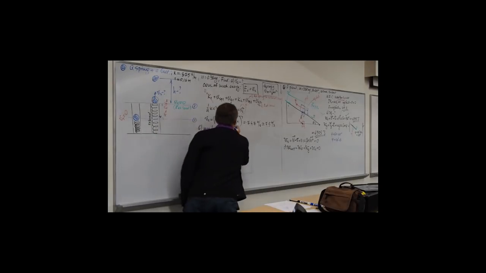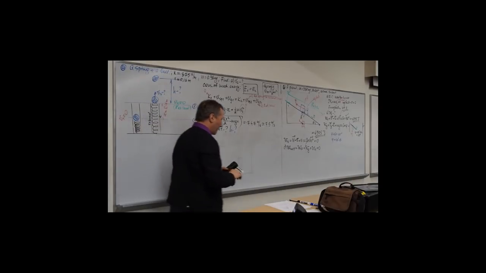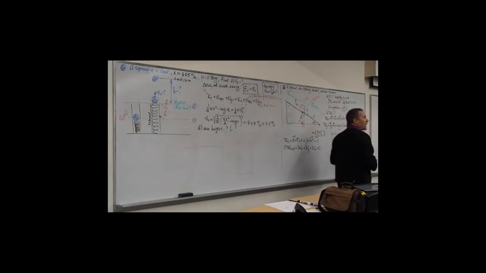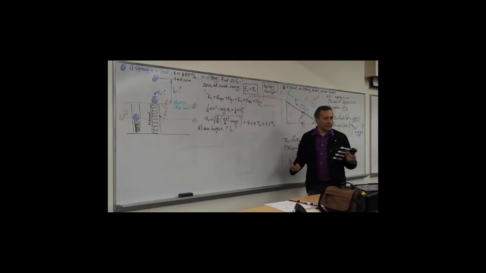Now, is the spring in the game? Now the spring is out. We can forget about that. Now it's just a ball with its kinetic energy and gravitational potential energy. So we have only one potential energy and one kinetic energy.